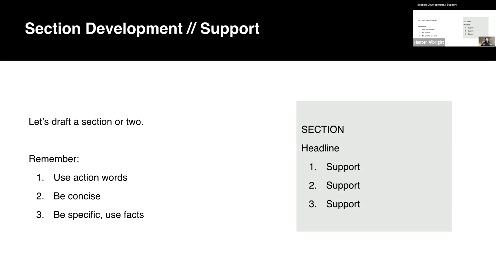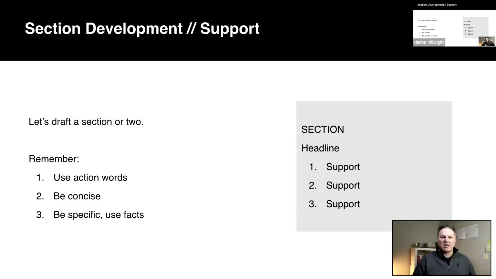Very good. All right. So I'm going to keep us moving. Hopefully that gives you a little bit of flavor in terms of writing the headlines. As you are writing those, the goal is for every section, you're going to create some headlines for each individual section, and then you're going to think about the three supports that you're going to put underneath it.